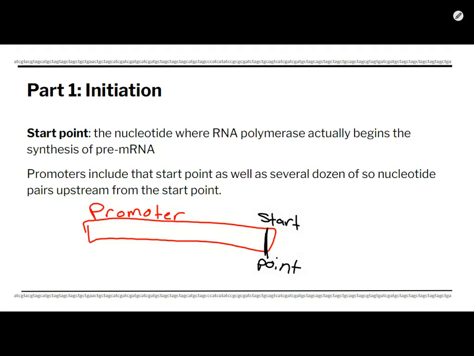There are a lot more nucleotides in the promoter than just the start point. When we talk about gene regulation, we will come back and spend a lot more time with the promoter. But for now, it is a lot bigger than just a start point. The start point is towards the end of the promoter. And this is several dozen nucleotide pairs. So lots of nucleotides.